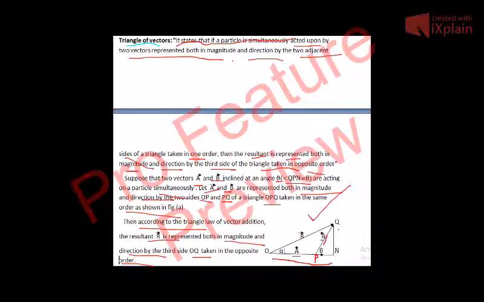Then the third side, that is OQ, will represent the resultant vector R. So we see that OP and PQ are adjacent sides representing the two vectors A and B, and this triangle is closed by OQ, which is the resultant vector R. This is the triangle of vectors.